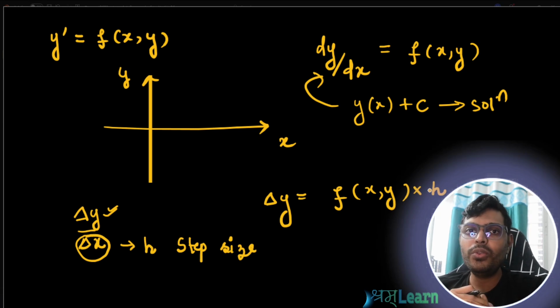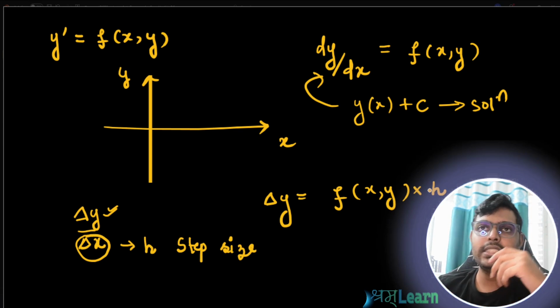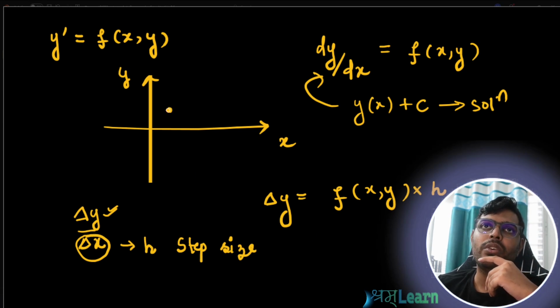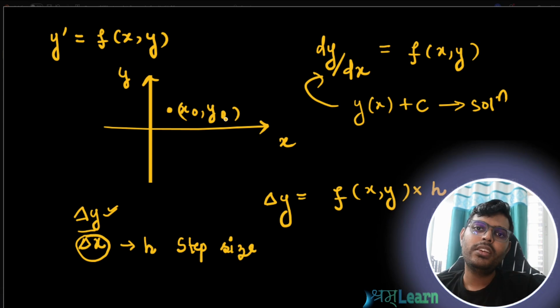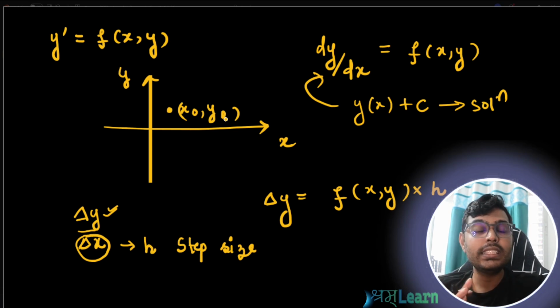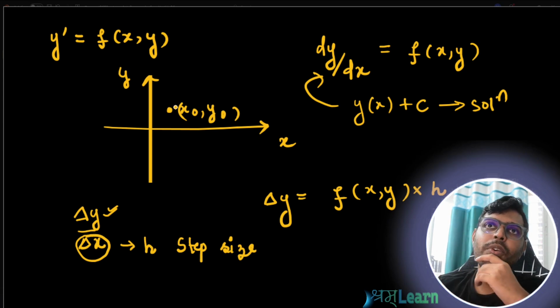So if we know delta y, and if we are given an initial point, x naught comma y naught, this is known as an initial condition. Then we can compute the next point, x1 y1.